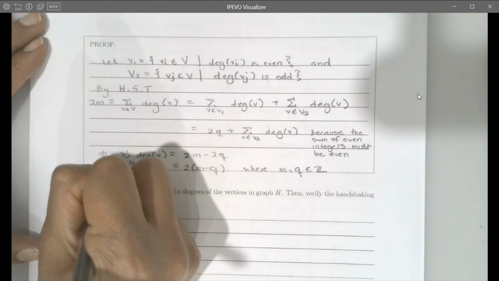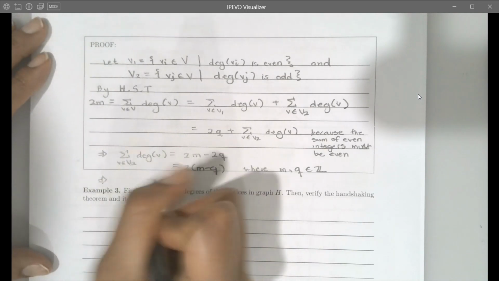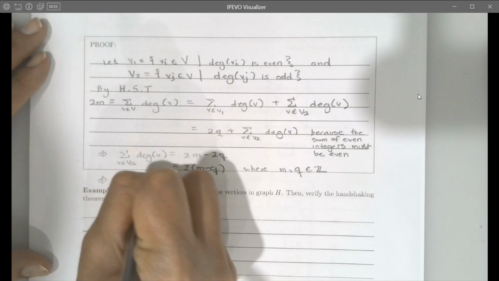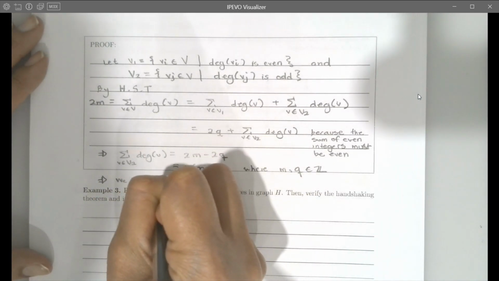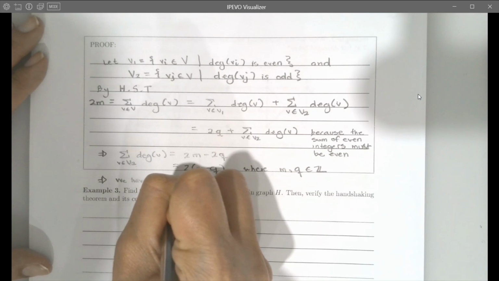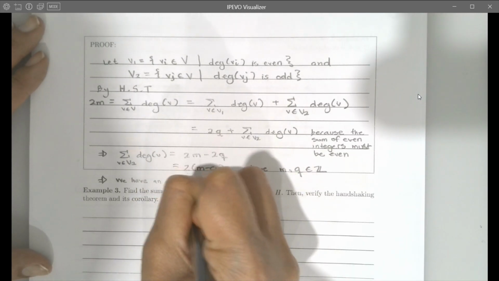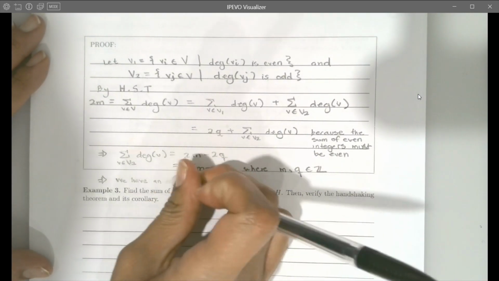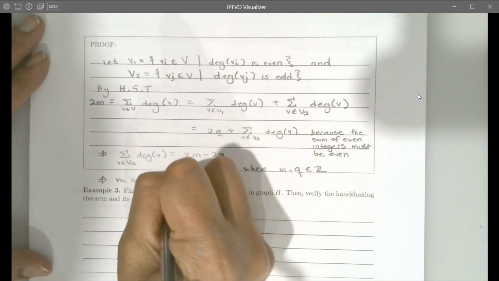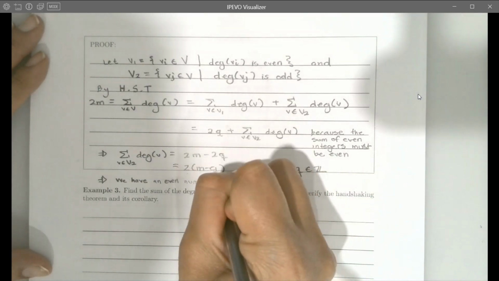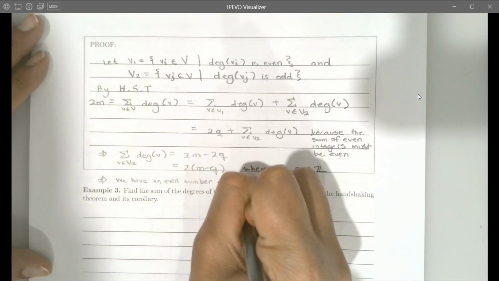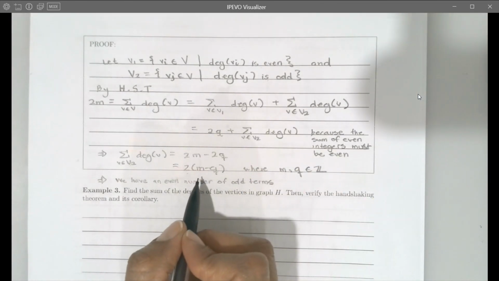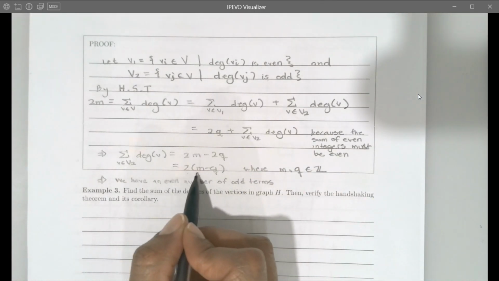So that means we have an even number of odd terms, because that is the only way that we can end up with a sum that is even.